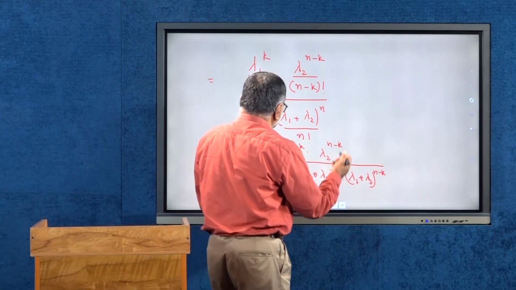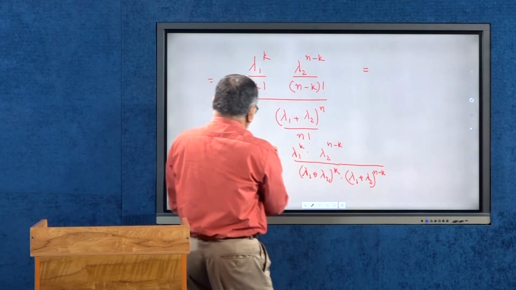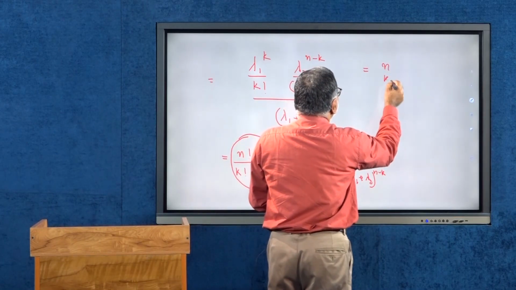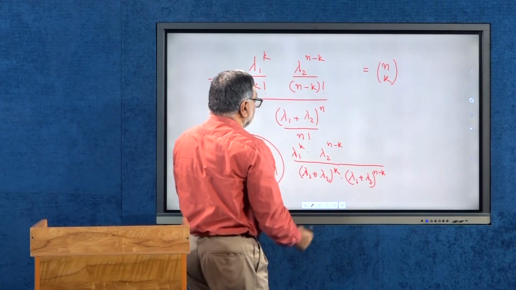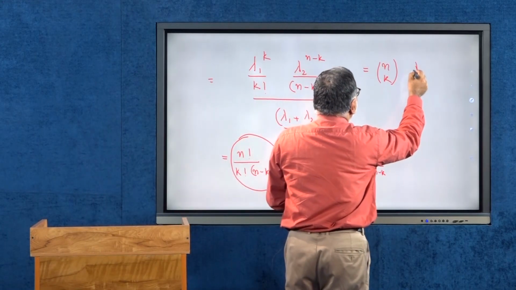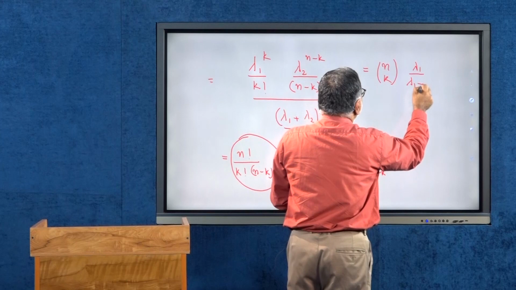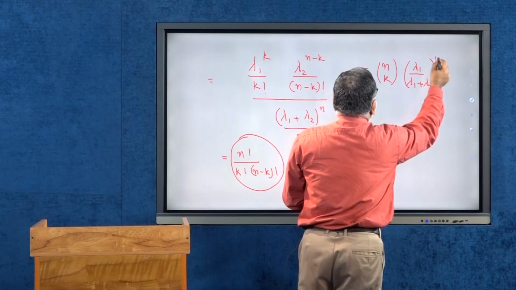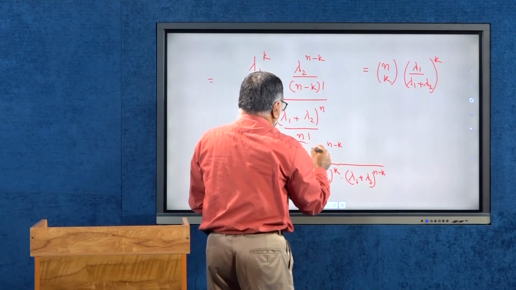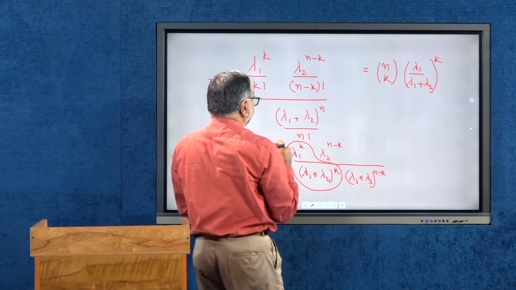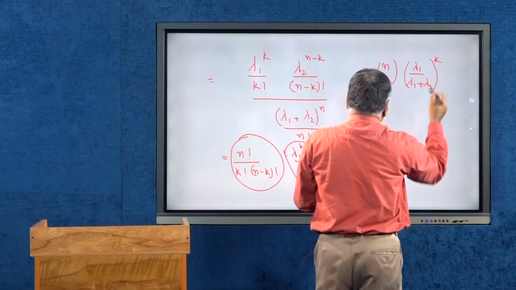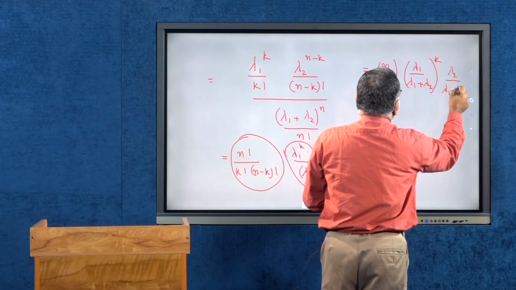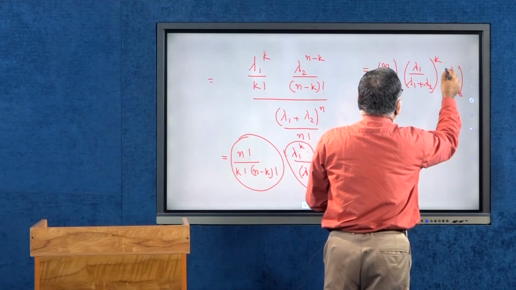The advantage is, this factor is our nCk. Then we have lambda 1 divided by lambda 1 plus lambda 2 combined, and the power is k. This factor and this factor are combined into the next factor, lambda 2 divided by lambda 1 plus lambda 2 power n minus k.